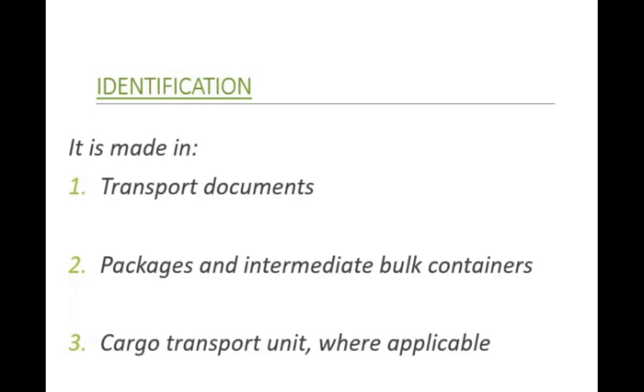Two, look at the packages or the intermediate bulk containers. There are also types of loading units and packages. You would see that the consignment has dangerous goods. Also, in the cargo transport unit, you would identify dangerous goods being transported. So there are three ways.